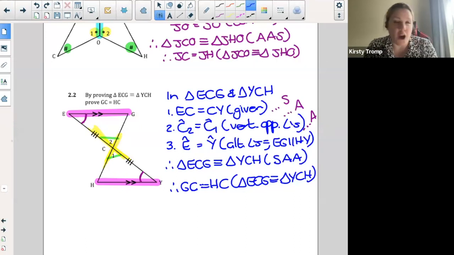If it's a vertically opposite triangle, the whole triangle is vertically opposite, absolutely. But what are you trying to prove with that? What are you trying to prove, that they're congruent to each other? I was thinking that the whole triangle is just vertically opposite to each other. Yeah, absolutely. Of course they're vertically opposite to each other.